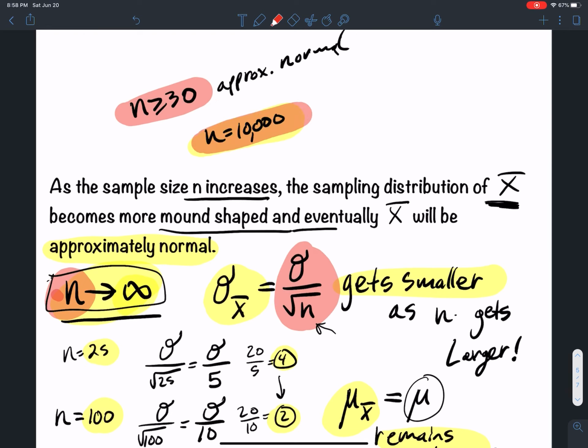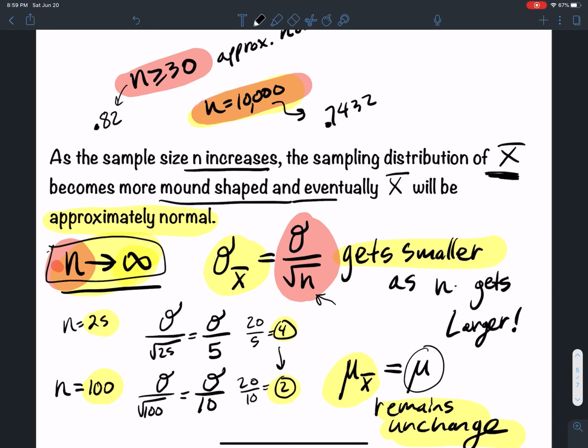But if we ask 10,000 people, we're going to have a more true understanding of people's opinions in Lufkin about ice cream. Maybe this produced an 82% rate at 30, but if we asked 10,000 people, maybe it was like 74.32%. So maybe 74% of people truly like ice cream in Angelina County. Whatever, I'm just making this up.